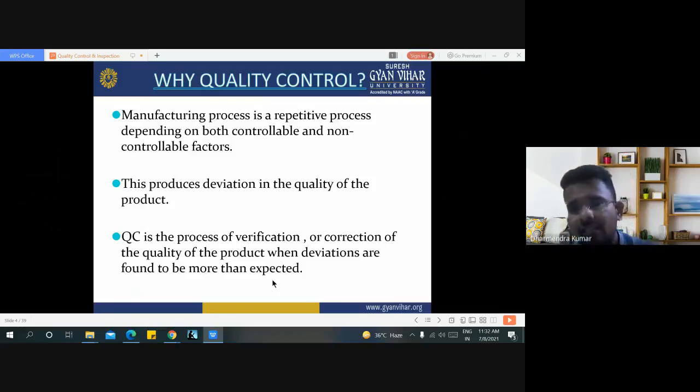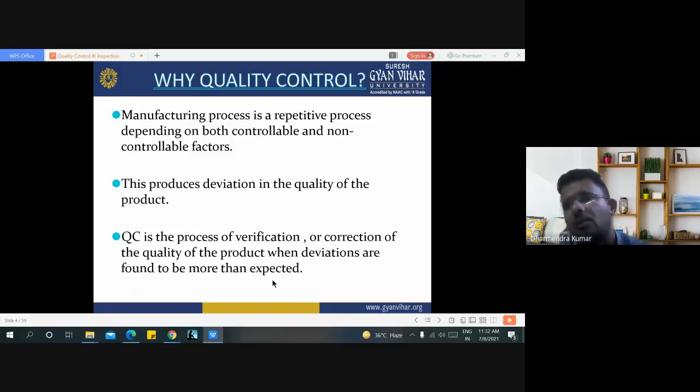If deviation is less, or if deviation is between the margin, then the product goes to the final inventory, or if the occurrence of deviation is more, then we slightly change our process.